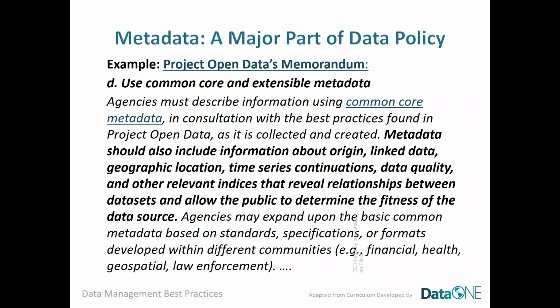Metadata is also a major part of data policy, as I have discussed about research agency requirements earlier. For example, the Project Open Data requires the use of Common Core metadata, and it specifies that metadata should also include information about origin, linked data, geographic location, time series continuation, data quality, and other relevant indices that reveal relationships between data sets and allow the public to determine the fitness of the data source.